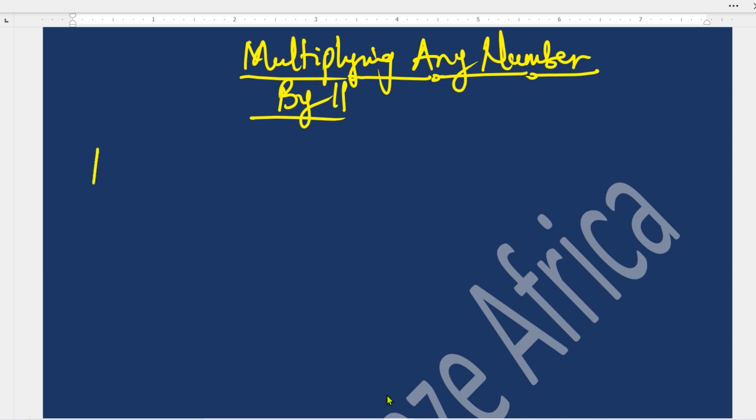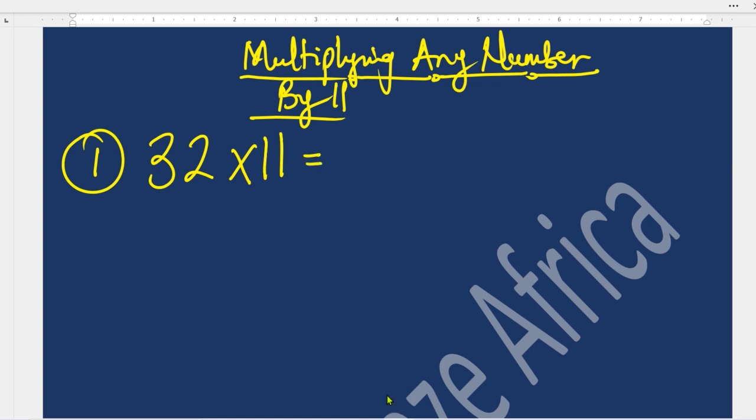So now look at the first example together. If we have 32 times 11, what you need to do is to write only the first and the last digit. The first digit is 3, the last digit is 2.